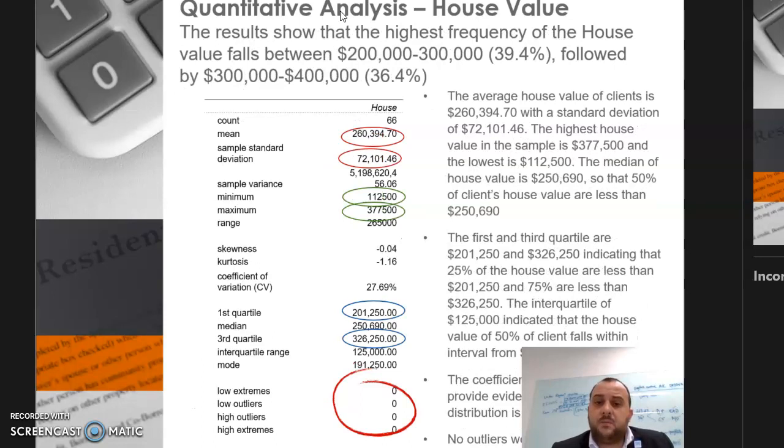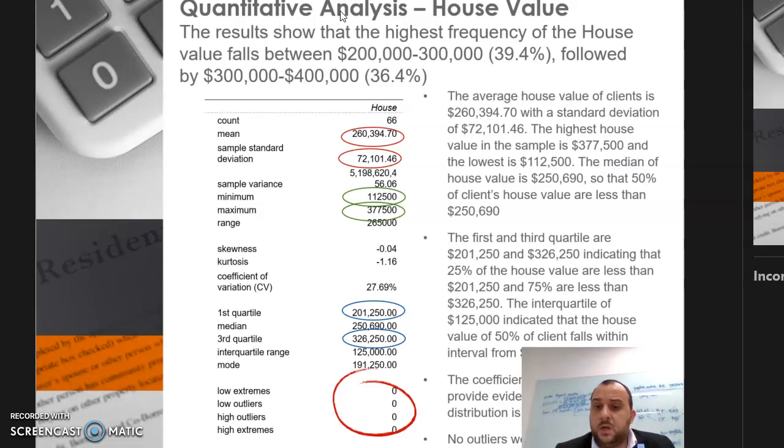Now I will be discussing the analysis that we have conducted on the house value. The results show that the highest frequency of the house value falls between 200,000 and 300,000, which is approximately 40%, followed by 36.4% for house values between 300,000 and 400,000 USD.